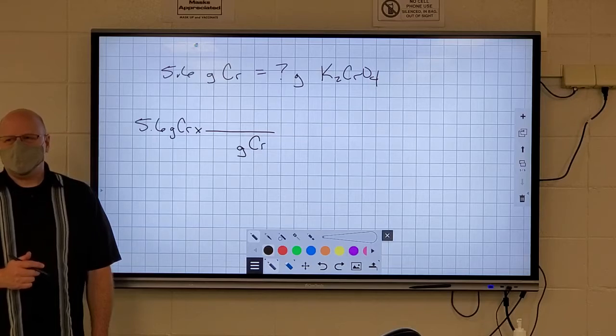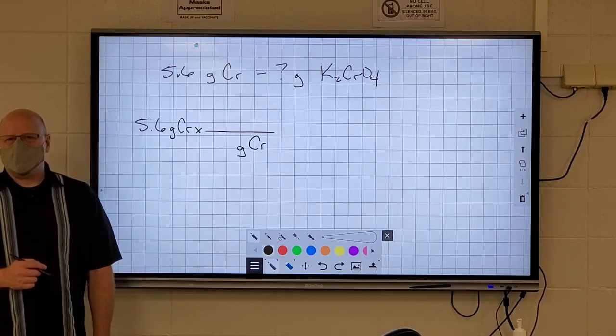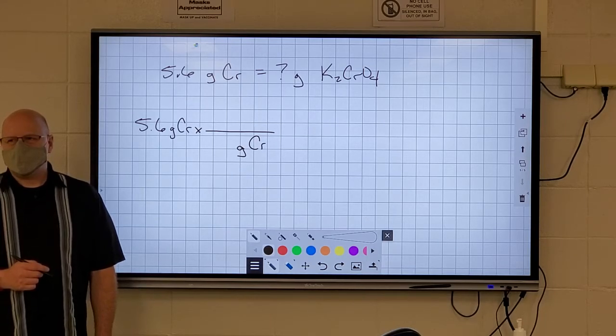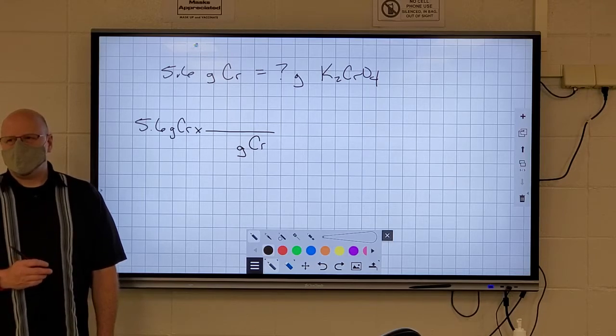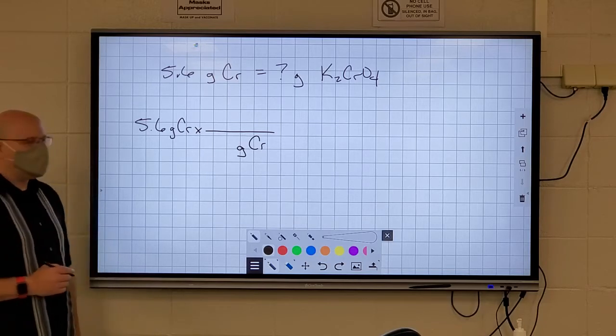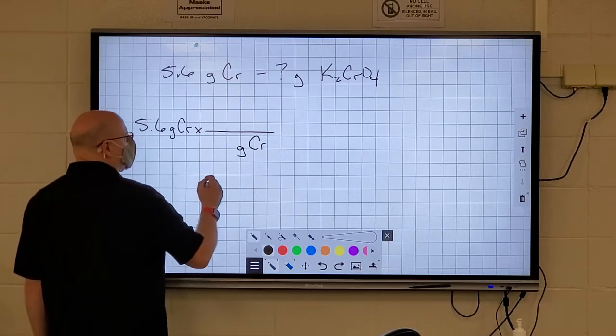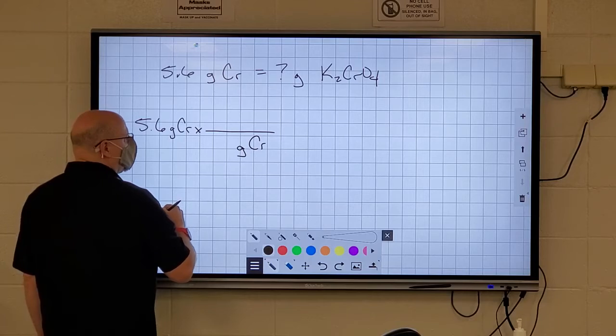Where do we get gram conversions at? Can you tell me what's going to go in the top and bottom now? You put, wait, but then where's potassium chromate gonna go?